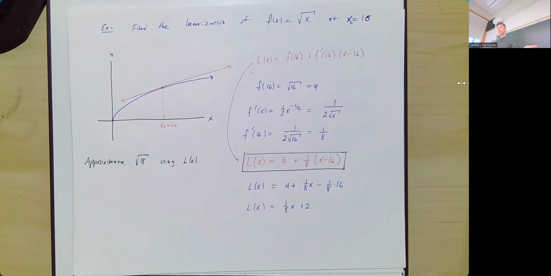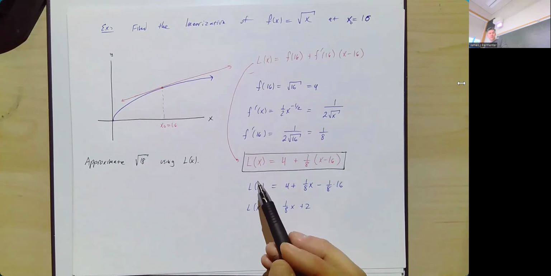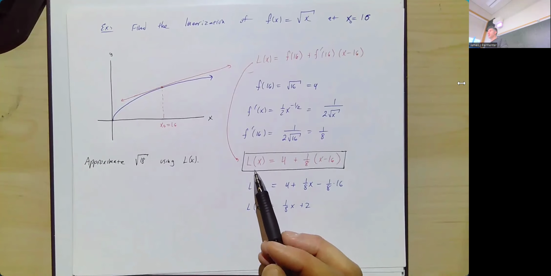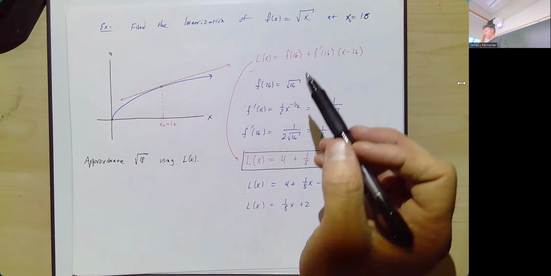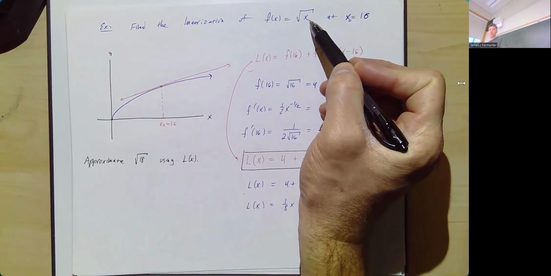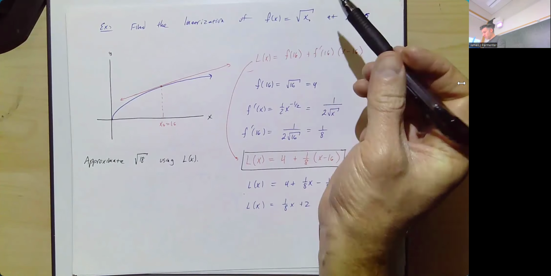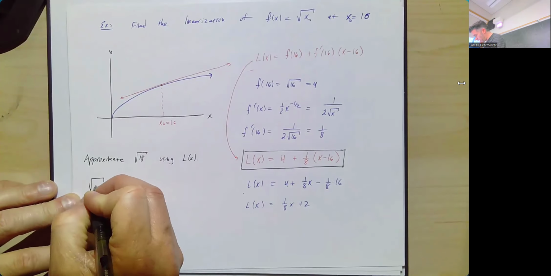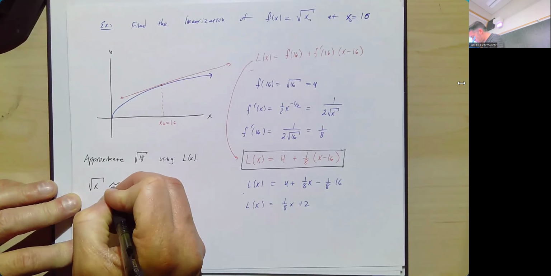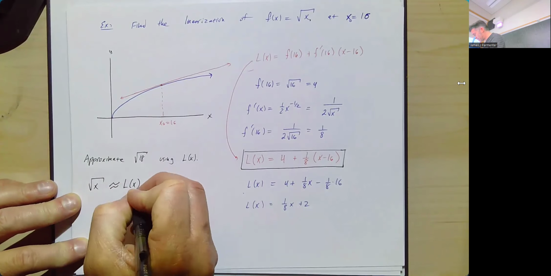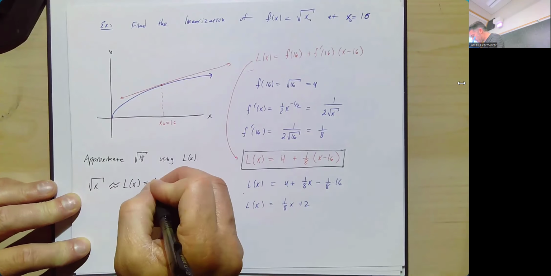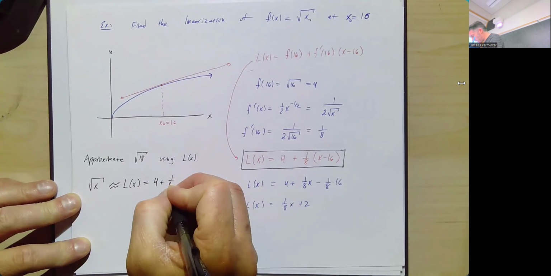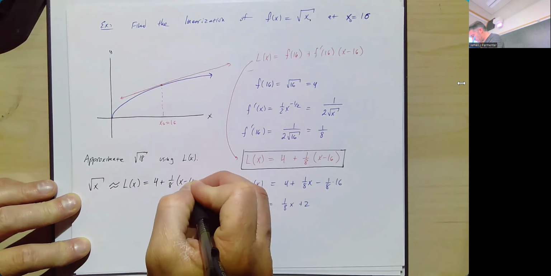Here's what I know. This linearization, L of x, is an approximation of the square root of x. So what that really means is that the square root of x is approximately L of x. And L of x is 4 plus 1/8 times x minus 16.